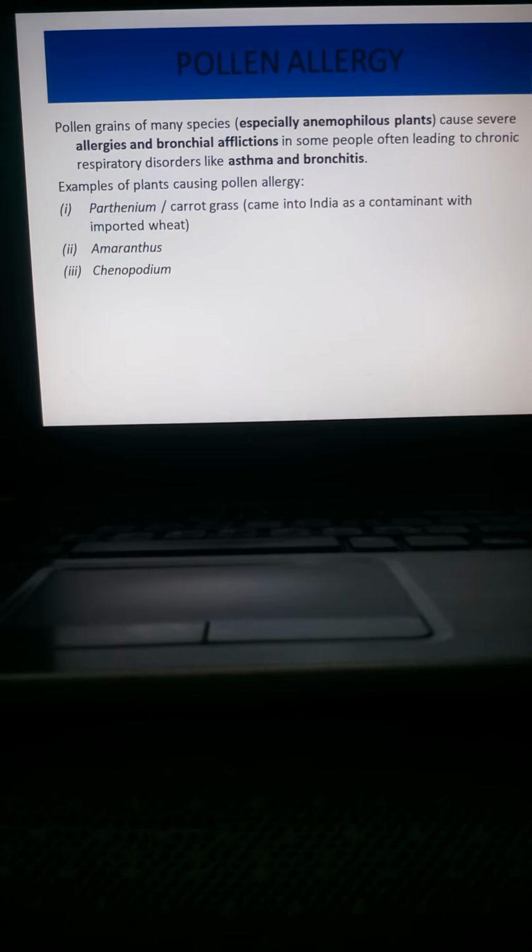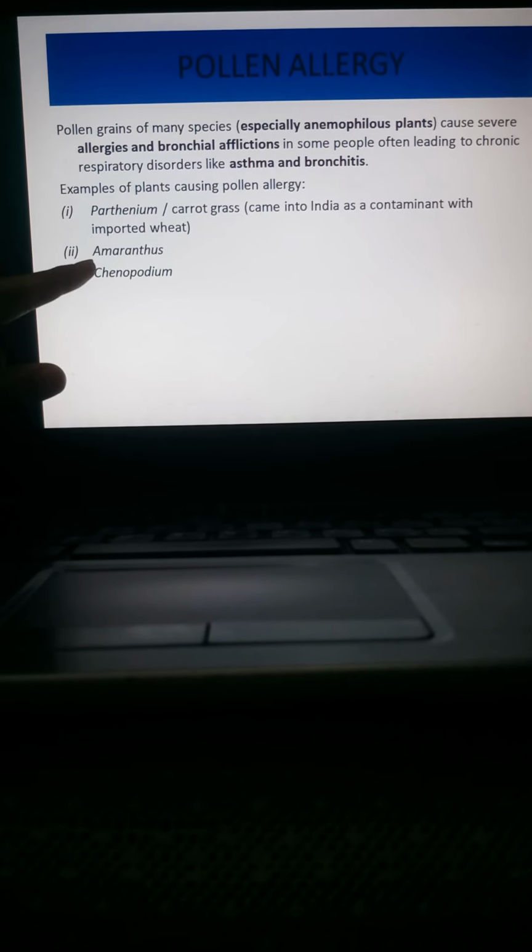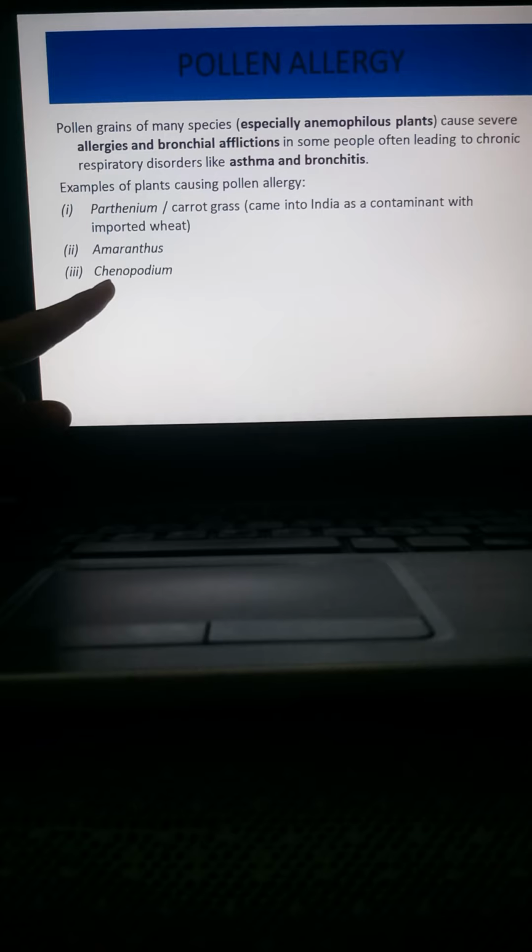Examples of plants causing pollen allergy are Parthenium, Gajar booty, or carrot grass, which came to India as a contaminant with imported wheat and created havoc. It has been an uncontrollable weed till date. We also have Amaranthus and Chenopodium.